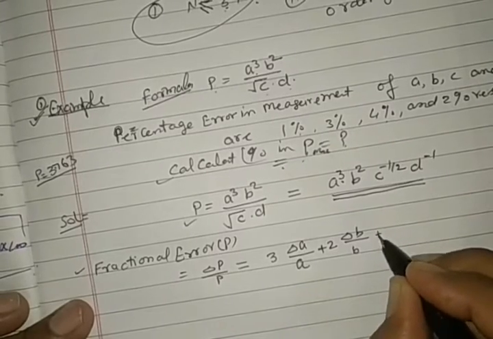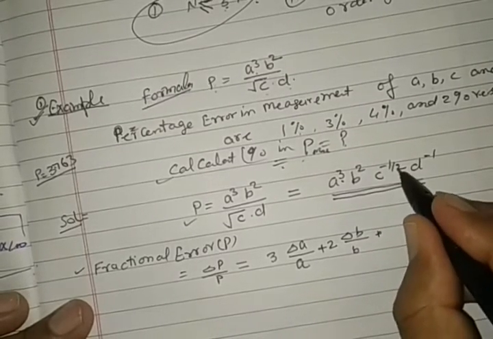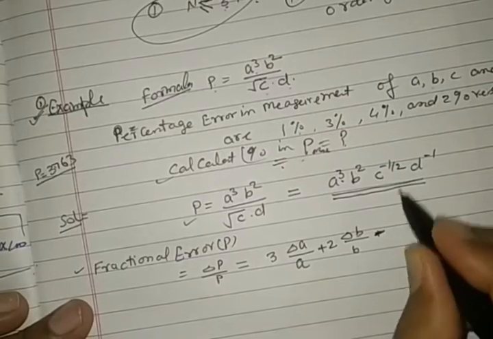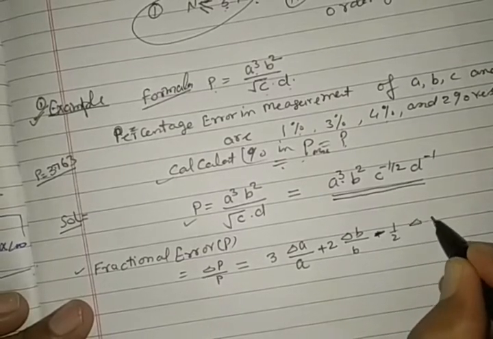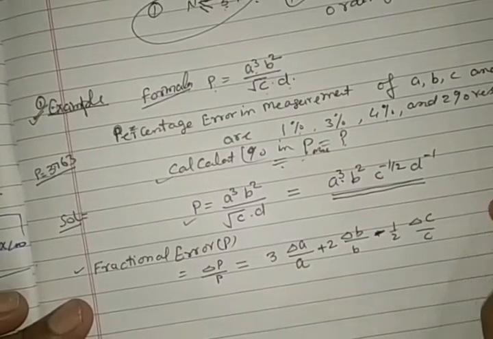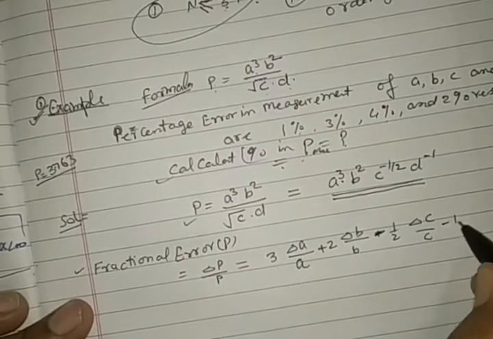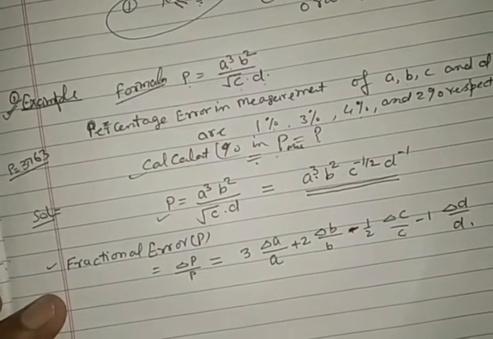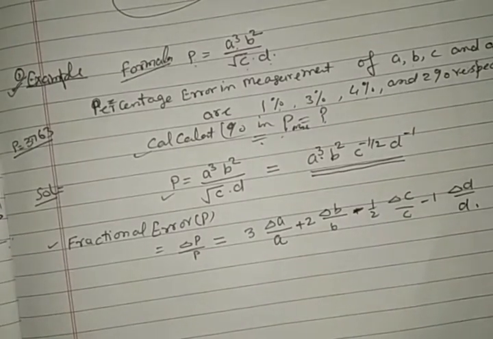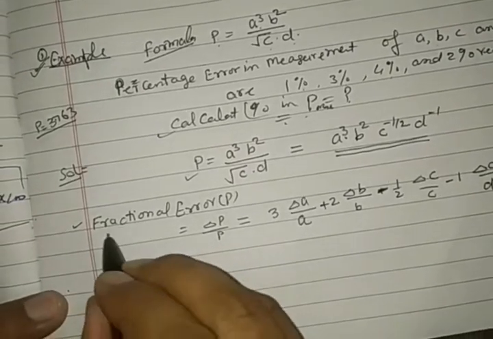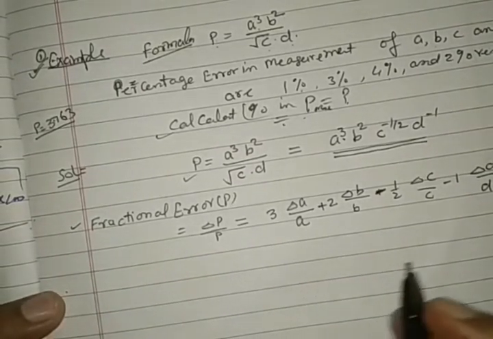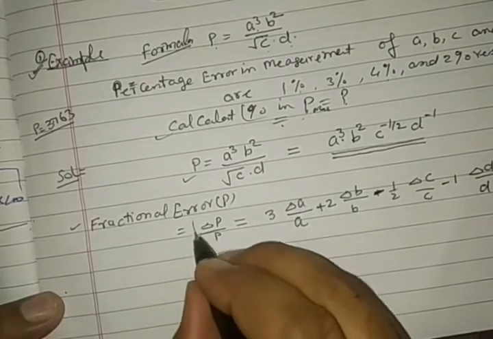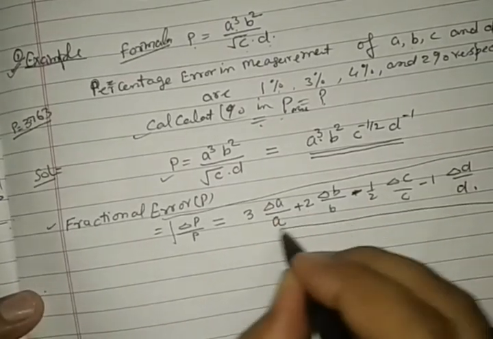Then the third, it is minus, the power is 1 by 2, so minus 1 by 2 delta C by C. Similarly, it is minus 1 delta D by D. This is the fractional error. If only the fractional error is asked in the question, this formula can be utilized.